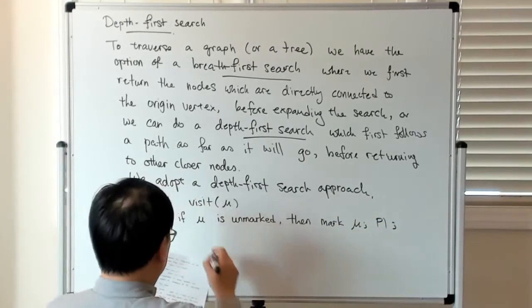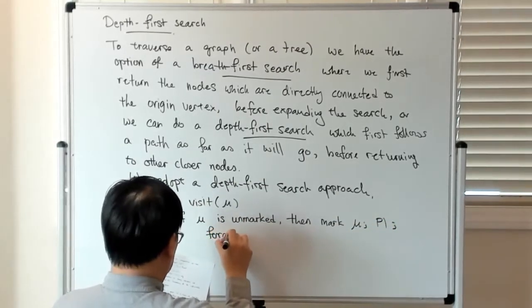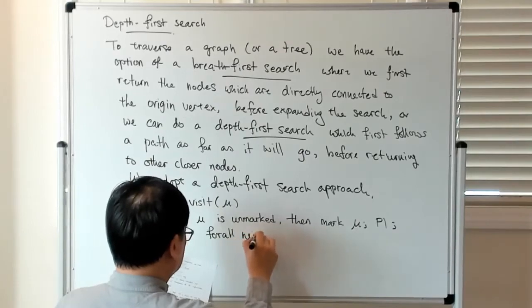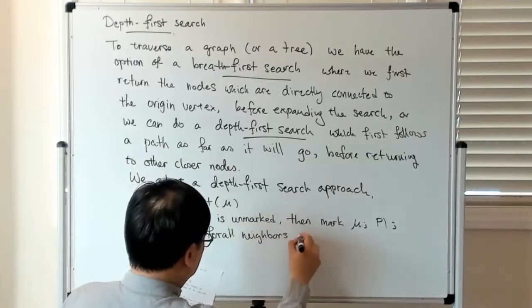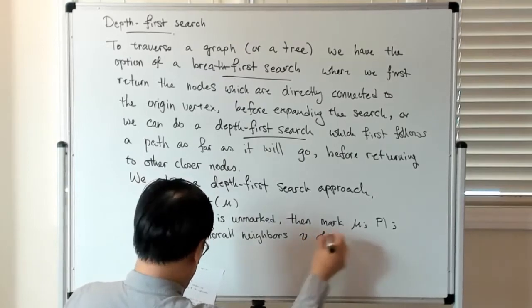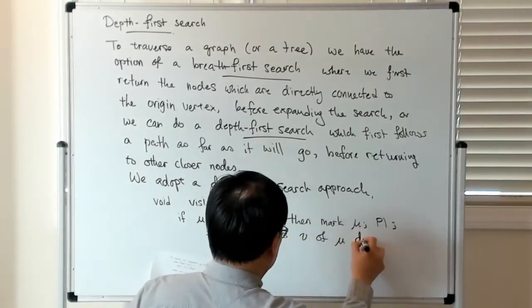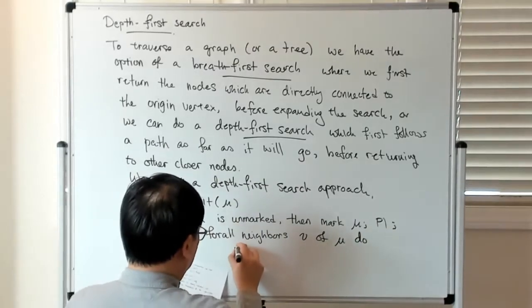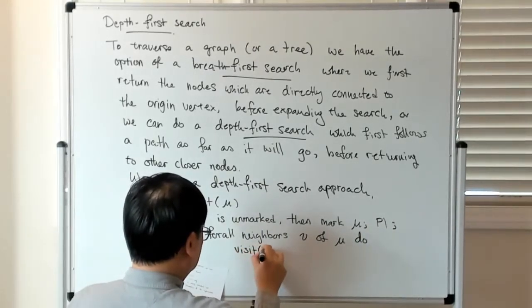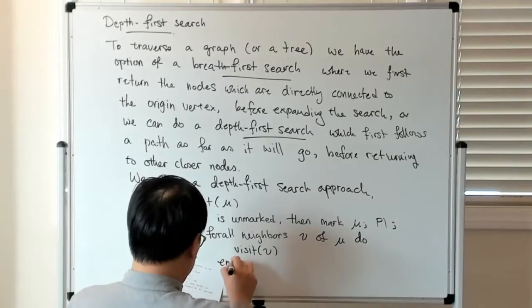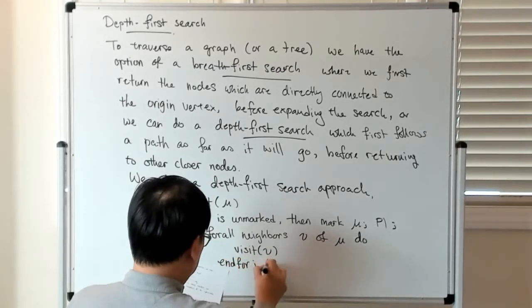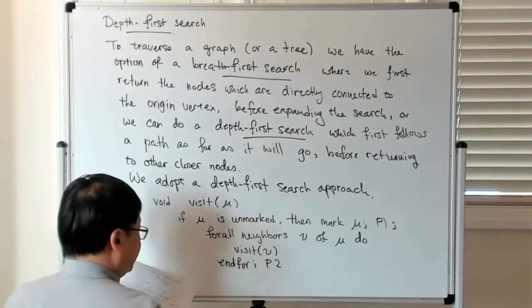And then for all the neighbors nu of mu, you do the following: you visit the neighbors. Once you're done this for loop, you do P2.